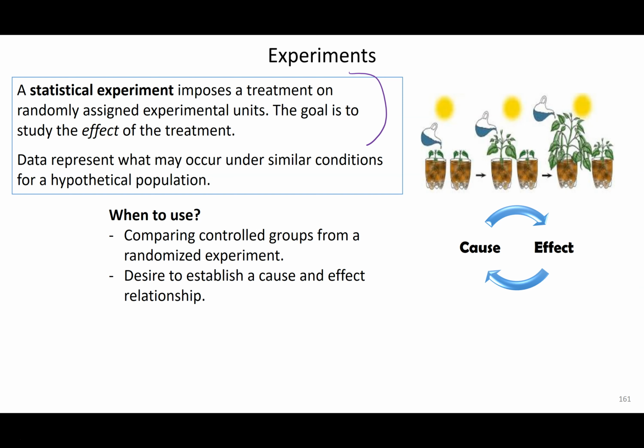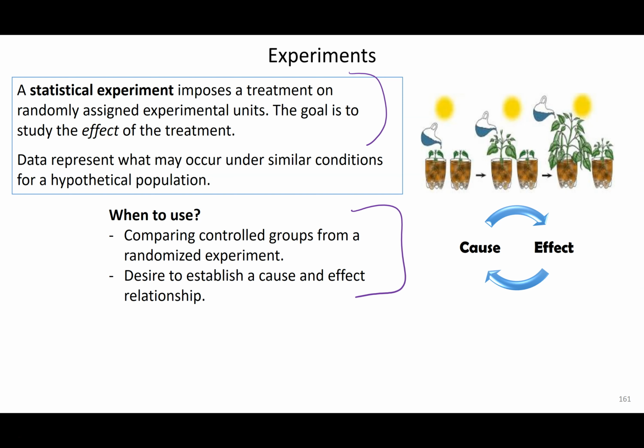If you can basically make it so that this group is as similar to this group as possible, except for the treatment they got, you can then conclude that the treatment is what caused the difference in the response.